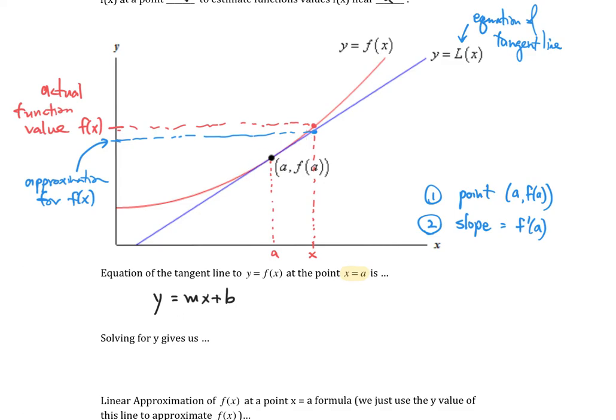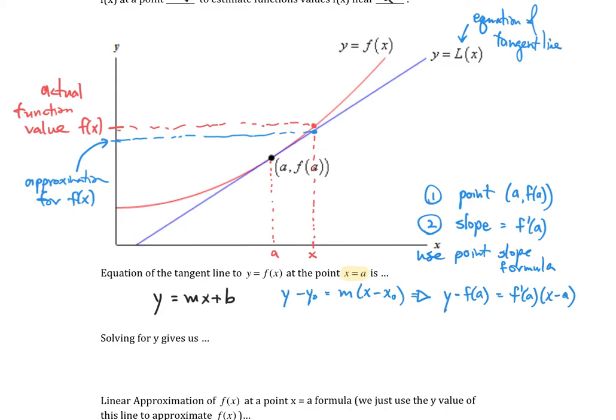All right. So now I'm going to use the point slope formula. The point slope formula basically says y minus y naught is equal to m times x minus x naught. And in our case, that means y minus f of A is going to be equal to f prime of A times x minus A. All right.